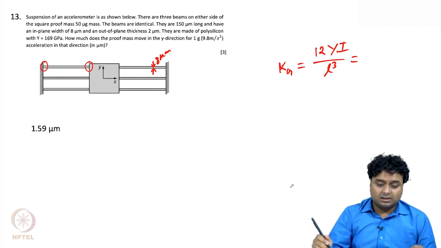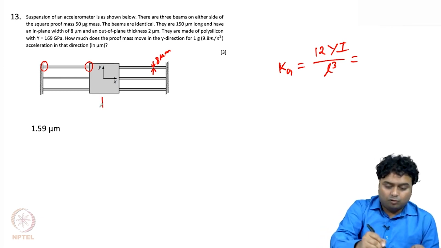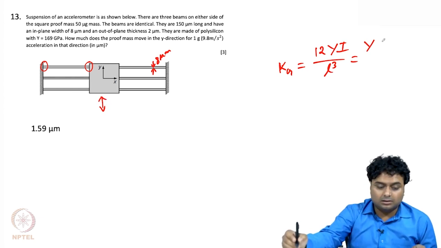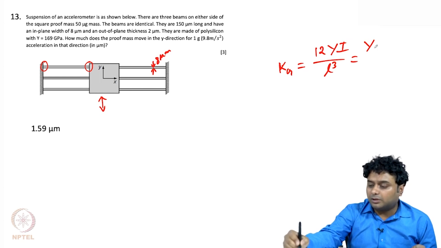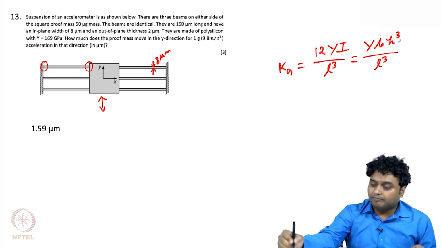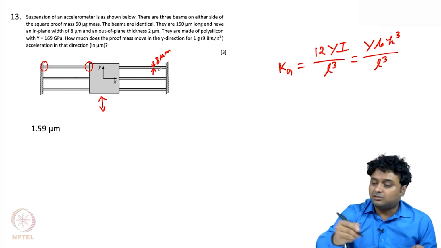So in this case also, the 8 micron is actually the thickness, because the proof mass is moving in this direction. Again let us say y, here also we write Y bh cube by 12, so 12 gets cancelled, and then L cube. So along the force direction it is actually 8 micron.